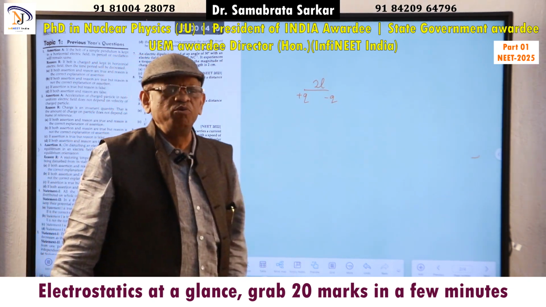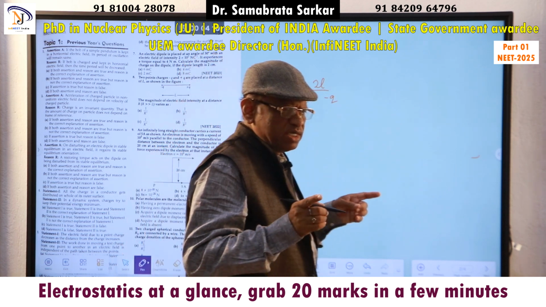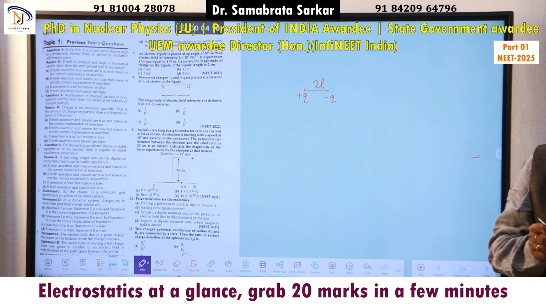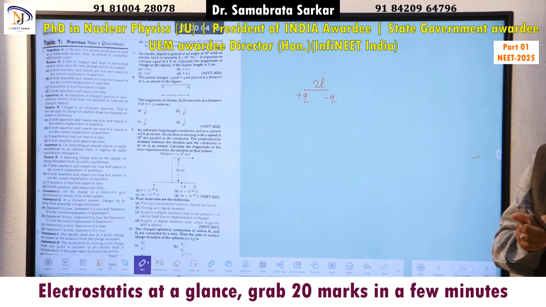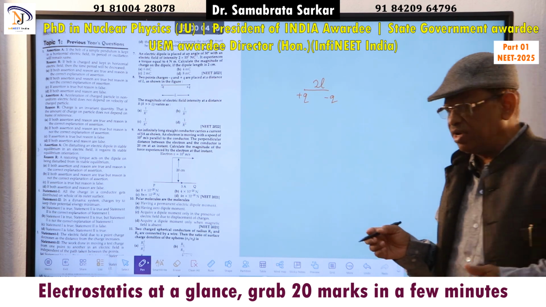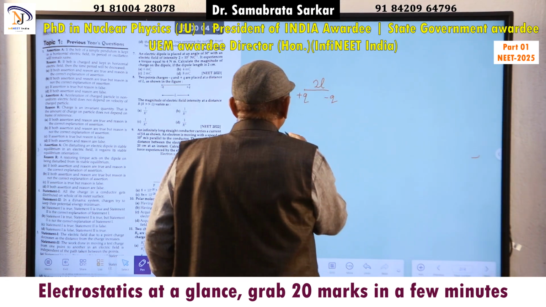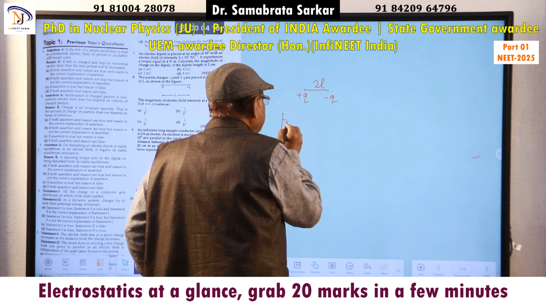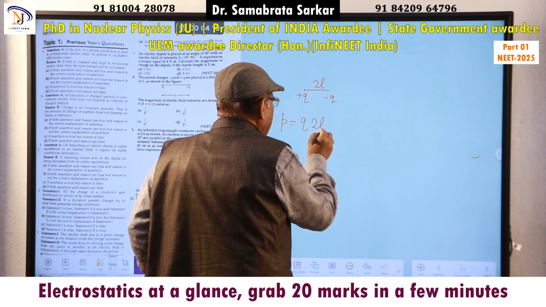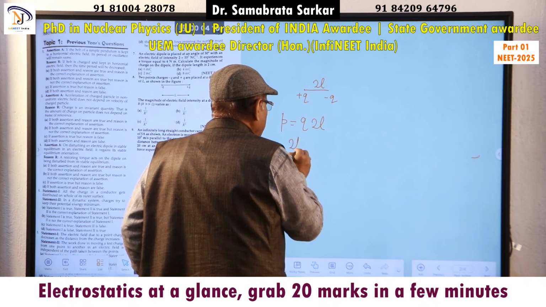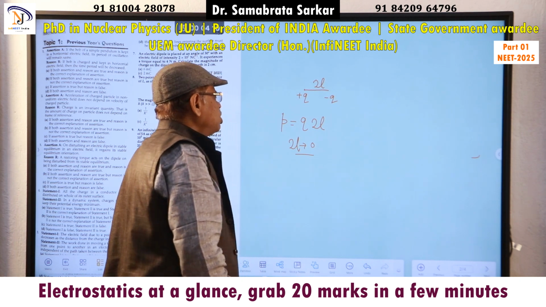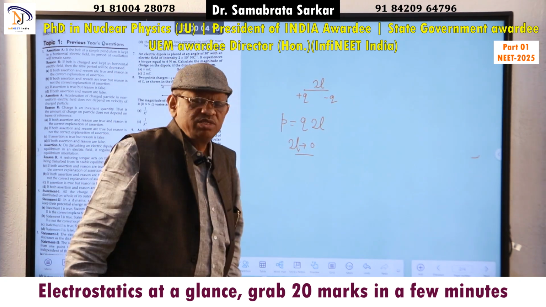Otherwise, it will not be a dipole. Two opposite charges separated by a small distance, and the product of one charge and the distance is called the dipole moment. So, what is the dipole moment? Here, P equals q into 2L, and you have to know 2L tends to 0, that is, the distance between the two poles is very small.